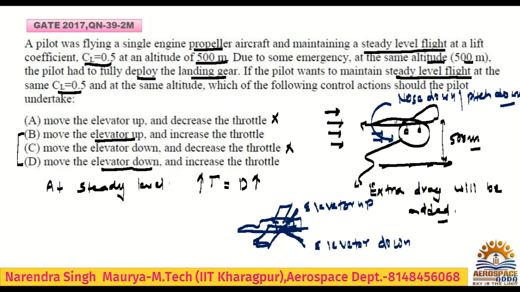Once the elevator goes up, air will hit the elevator because it is in the up condition, and this is the down condition. If it is up and air hits here, then automatically it will go nose up.